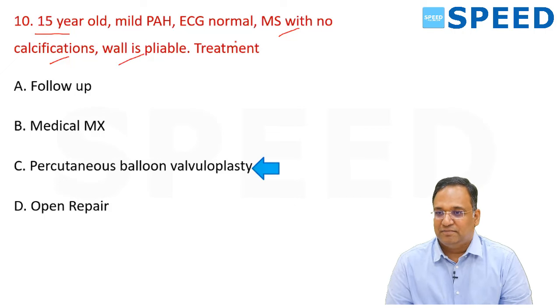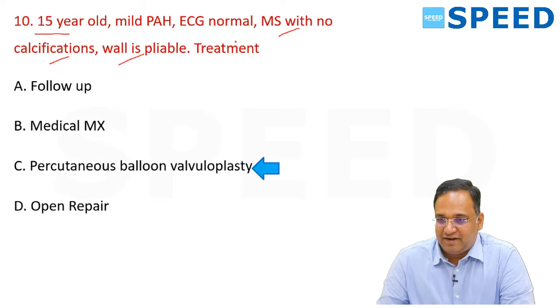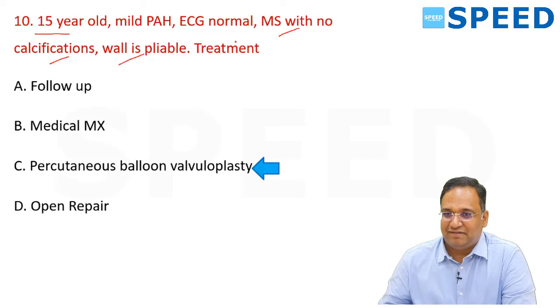That means, like a Seldinger technique, you take a femoral artery or a radial artery route and try to go up to the aorta, across the LV, and then across the mitral valve.